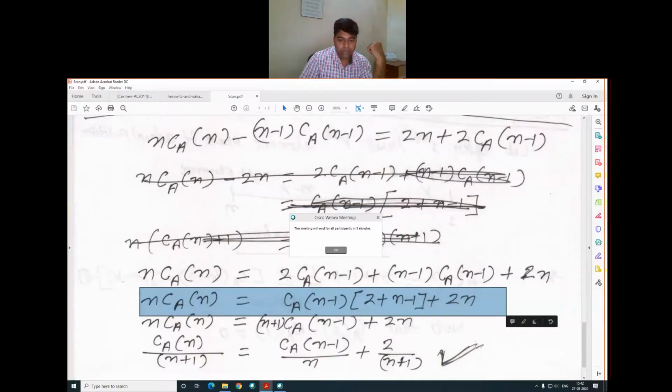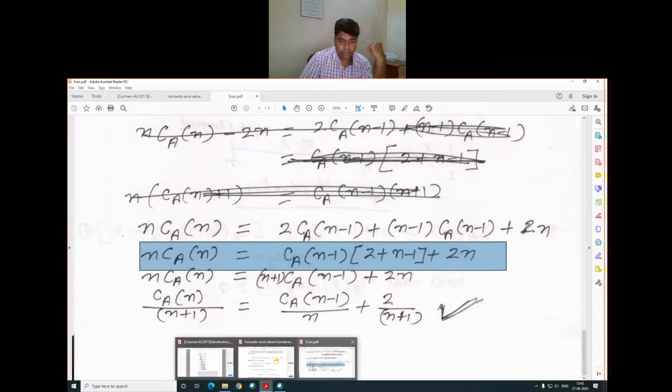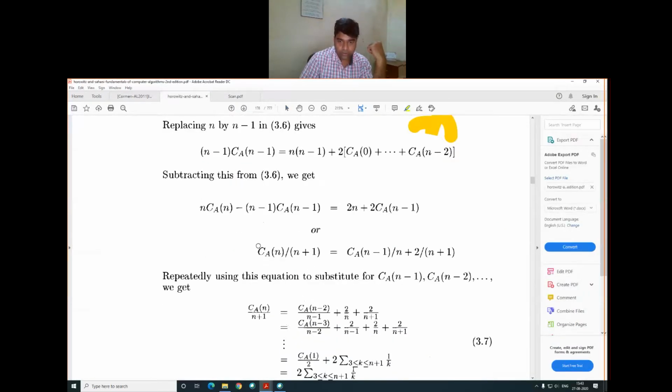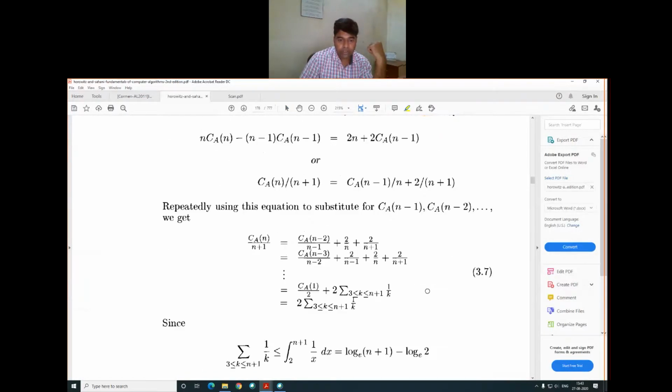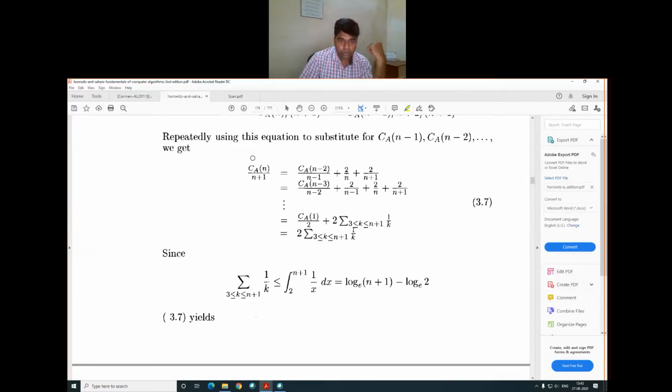After that you can see that time is very short, so I am just completing this. When we solve this equation, and when you go through this book, you will also find that type of equation, and finally we'll get log n.